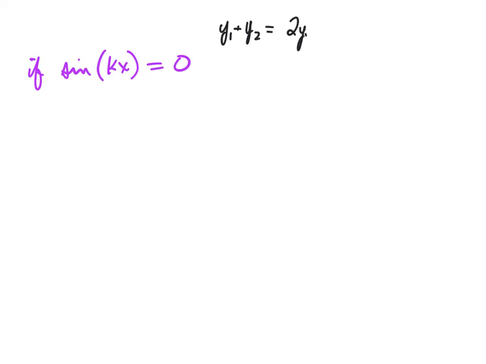So if your sine of kx equals 0, which is what we're dealing with. So just to give it back on screen here, our y1 plus y2, the adding of those waves, gave us this form here.